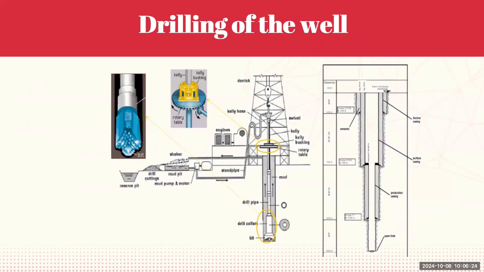The drill collar provides weight to help the drill bit cut through the rock, and a mud pump circulates drilling fluid to cool the bit and bring the cuttings to the surface. Once the well is drilled, a casing is inserted to stabilize the hole and ensure safe extraction of the geothermal fluids.